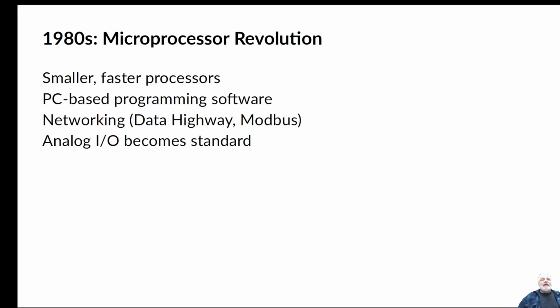Alright, so in the 80s, with the microprocessor revolution, they were starting to get much smaller, much faster. And we could use PCs to actually program them. Before the PC, they had to have specialized programmers, which were much more cumbersome. And then they started, of course, adding networking.